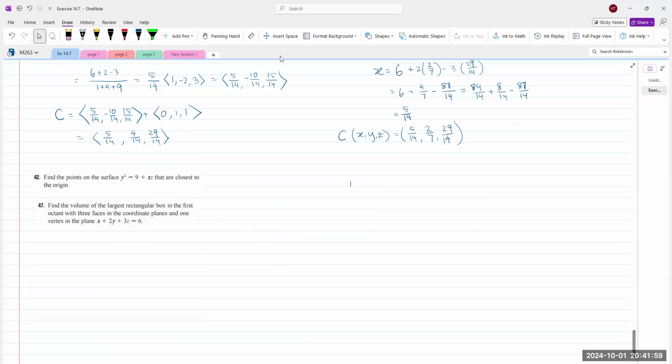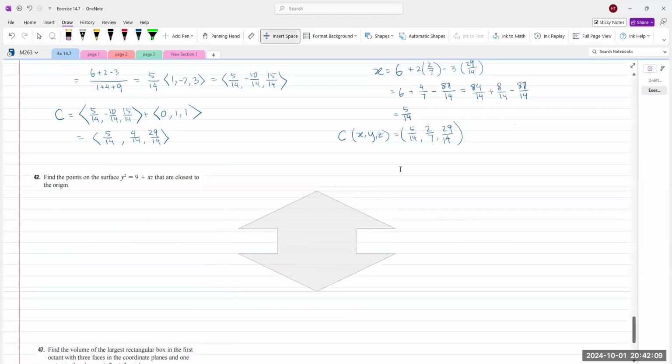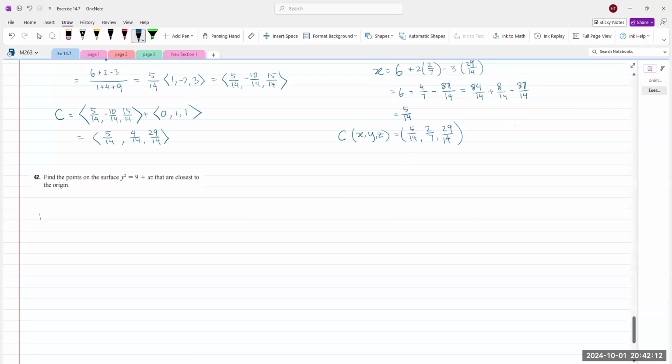Okay, let me go further. Find the points on the surface that are closest to the origin. Word problems, huh? So let's say we have a surface S, and you have a coordinate x, y, z.